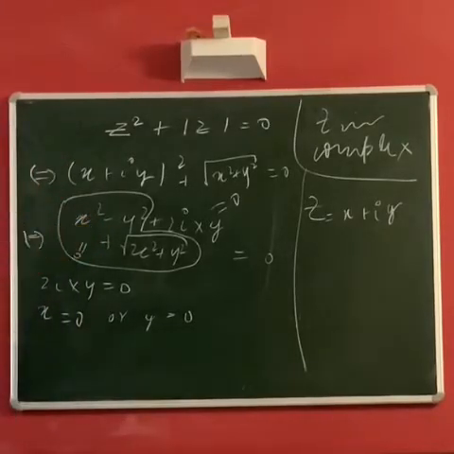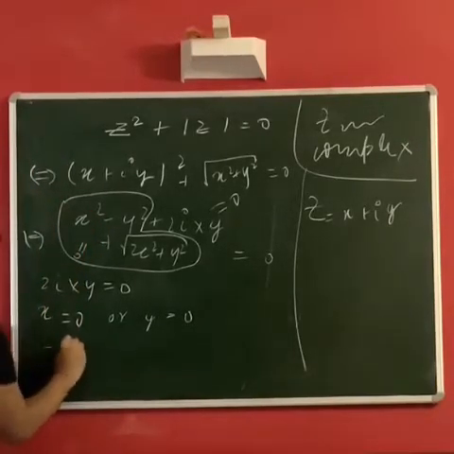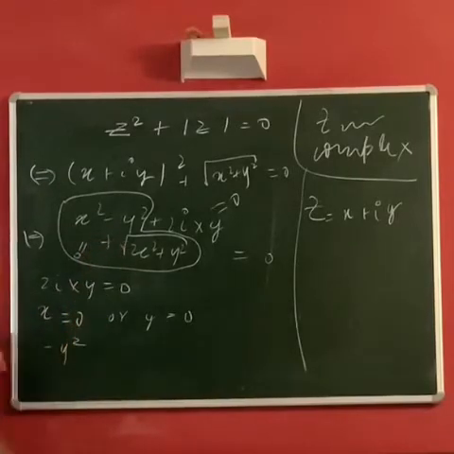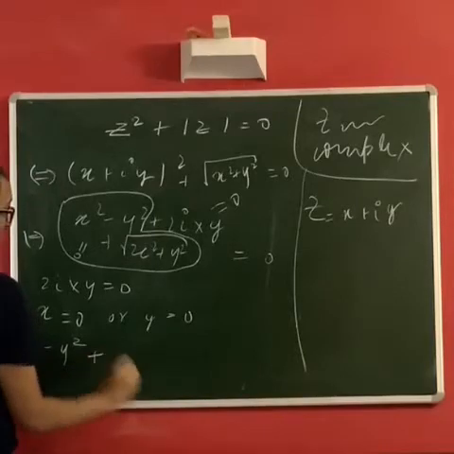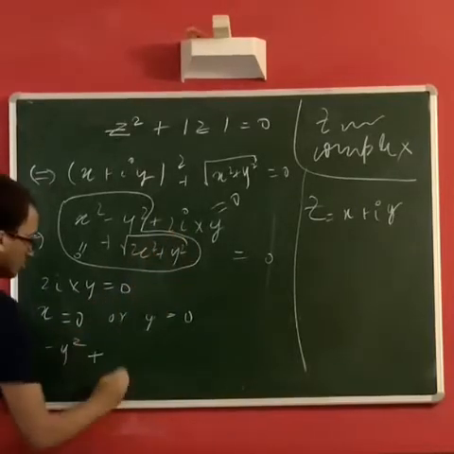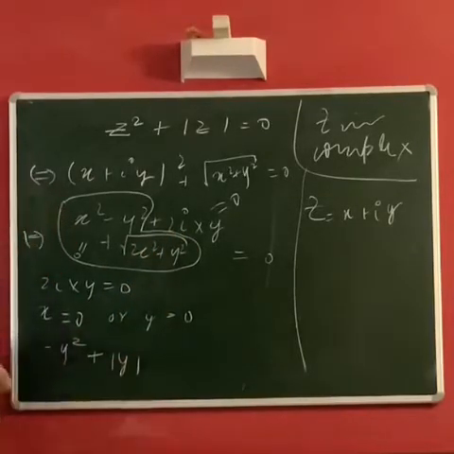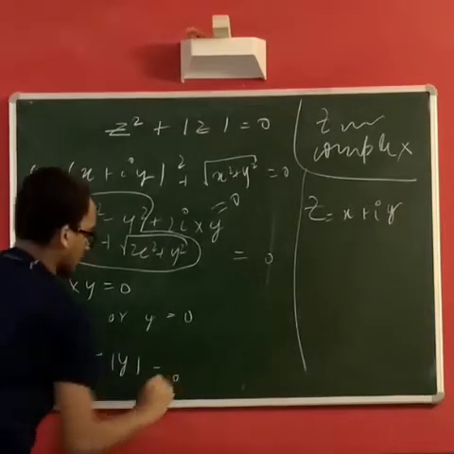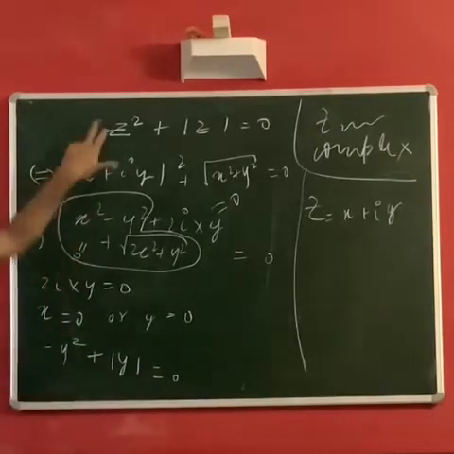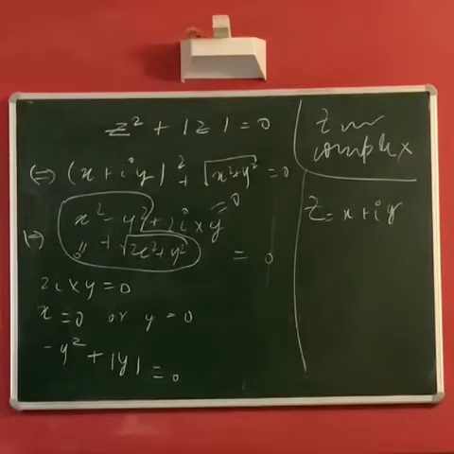We'll have minus y square. We have this thing to be equivalent to minus y square plus square root of y square, which is mod y, and this is equal to 0. How do you solve this? This is very similar to this equation, but there is a slight difference.